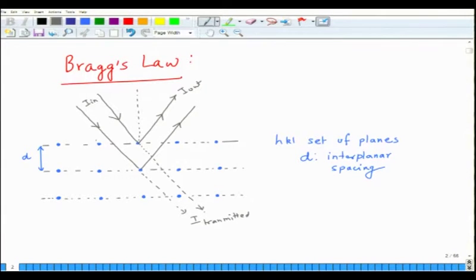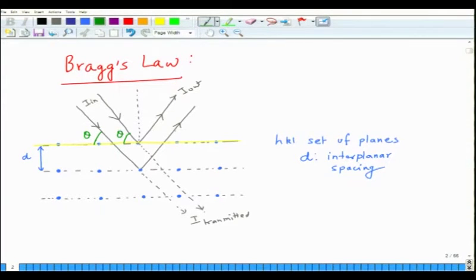Okay. The angle, so this angle, the angle which it makes with the plane. So, this is the plane here. If I draw this as yellow, let us say, this angle here is theta, right.